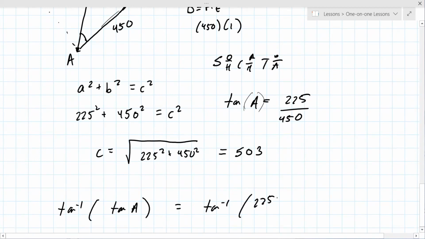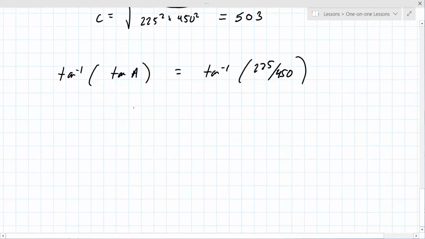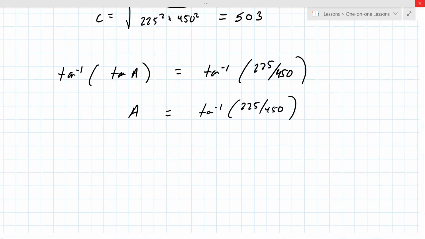Yep, so your calculator has this on there. So the angle A is equal to the tan inverse of 225 over 450. Okay, so 26.6 degrees.